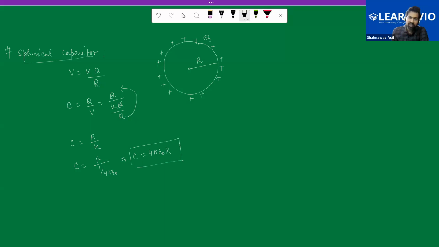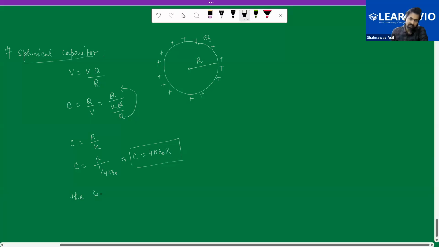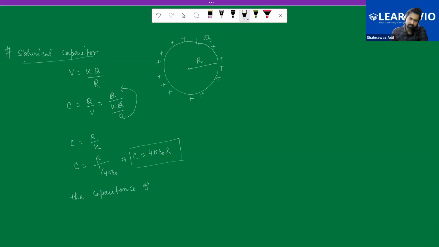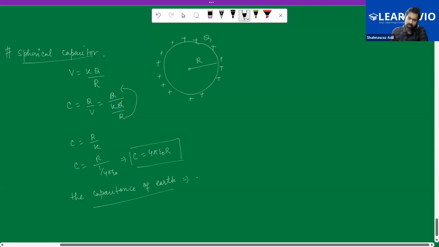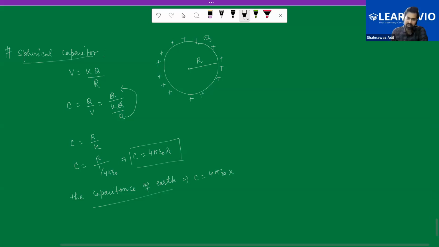So if somebody asks what is the capacitance of Earth, we can directly write that the capacitance of Earth would be 4 pi epsilon naught R, and the radius of the Earth is 6400 kilometers, right?